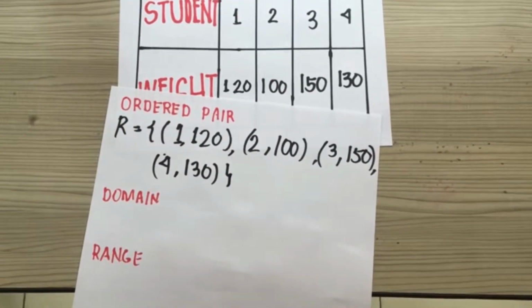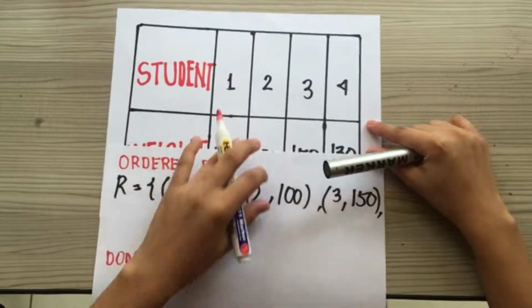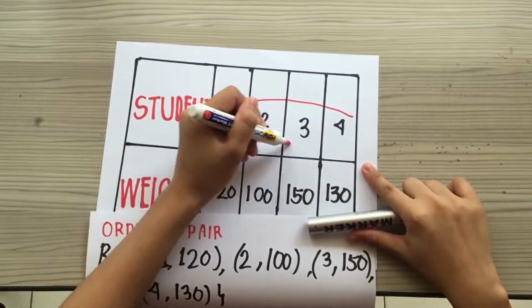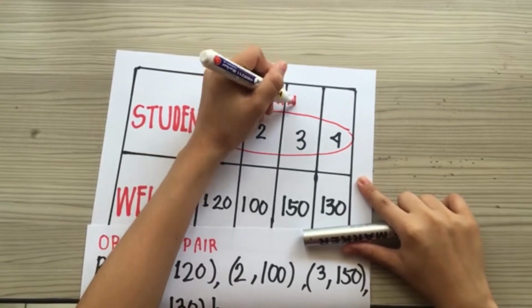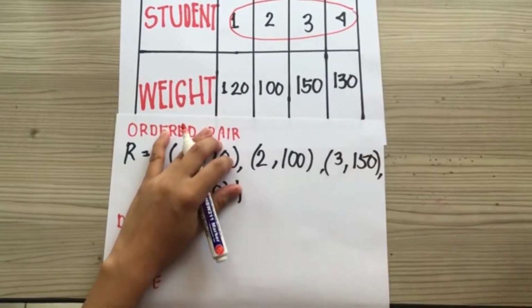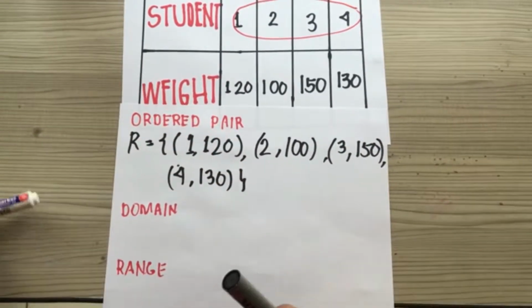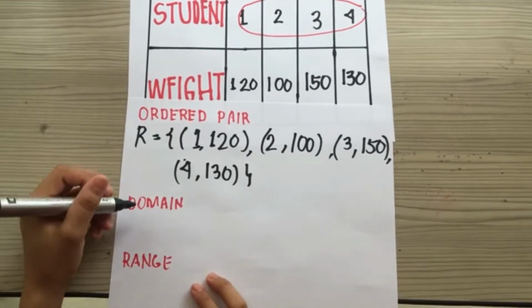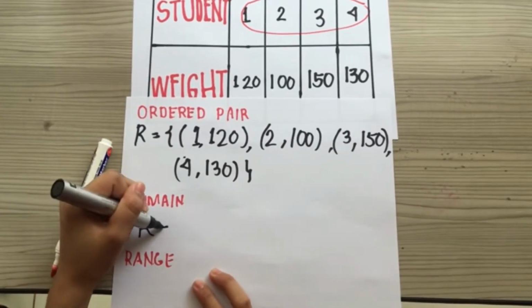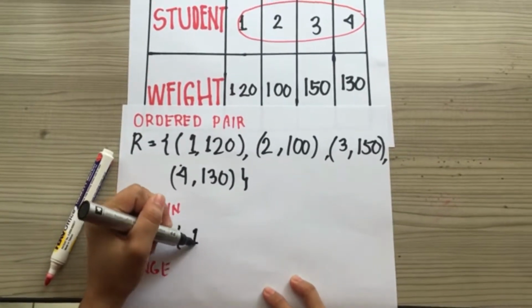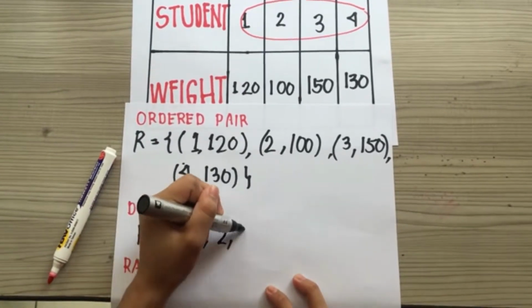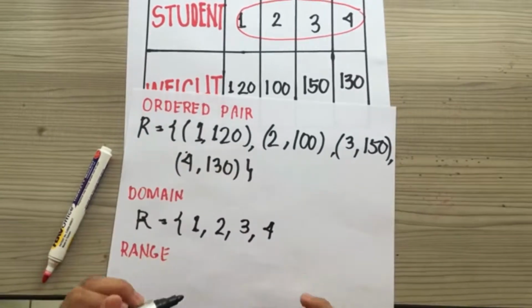The set of all first elements is called the domain of the relation. And the domain of this relation is 1, 2, 3, and 4.